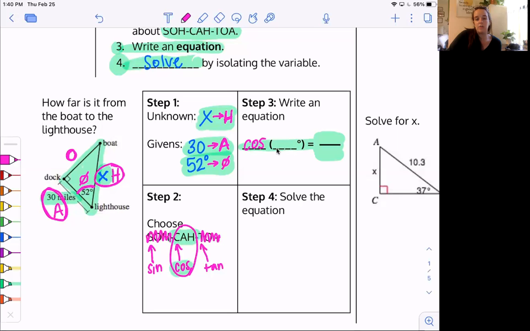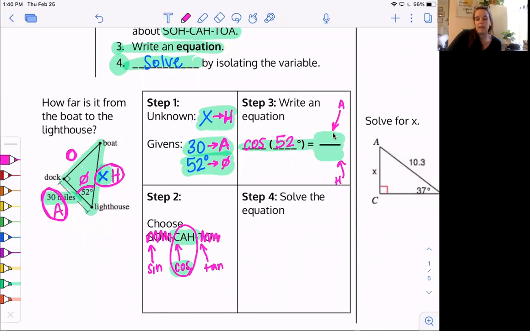What is our angle? 52, yeah. So I'm going to have cosine and then the angle. And then cosine, remember, is a over h. That's why we have CAH, right? A over h. So I need to put a right here and h right there.